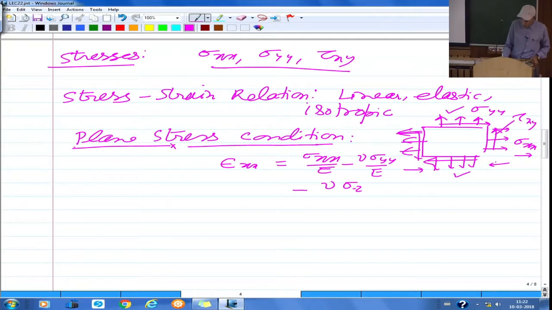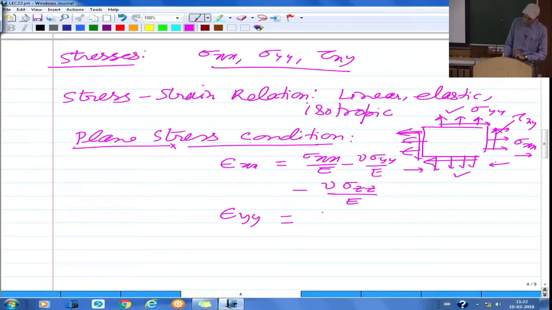So minus nu times sigma zz upon E. So this is the normal strain epsilon xx in terms of sigma xx, sigma yy and sigma zz. Similarly you can write the others, and as it is an isotropic material, there is no coupling between the normal strains and shear stresses. So these are the only contributions.